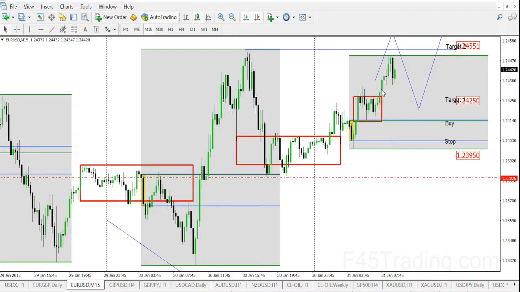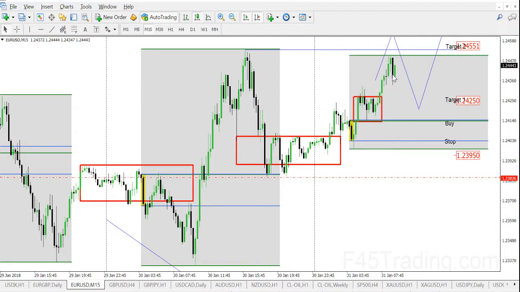What I'm thinking here is, if we can't get higher, if price closes lower than kind of the halfway through this candle, I think maybe the next candle could close lower and we could start to get into our buy area. But if it closes strong and it closes above halfway here, then it's just going to keep going higher, and we've missed our entry.